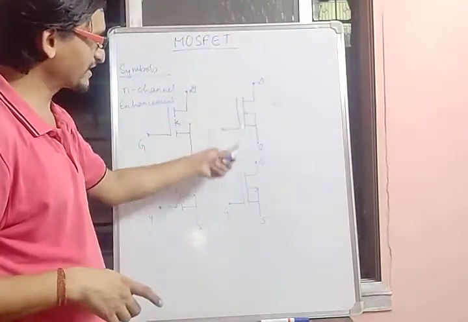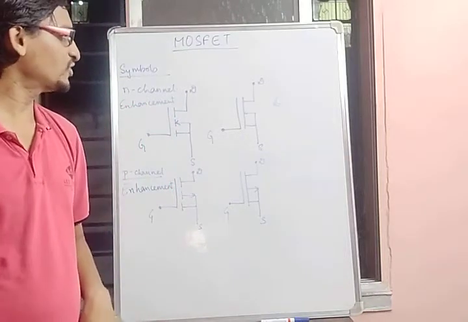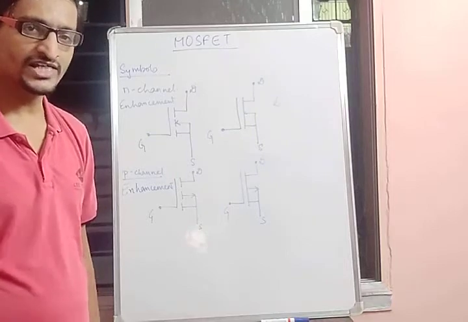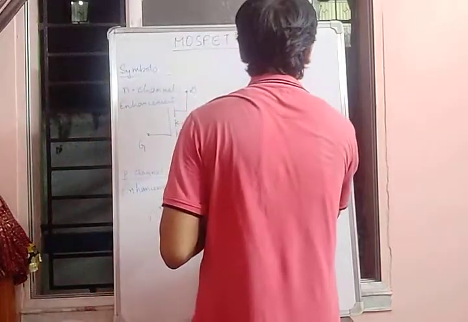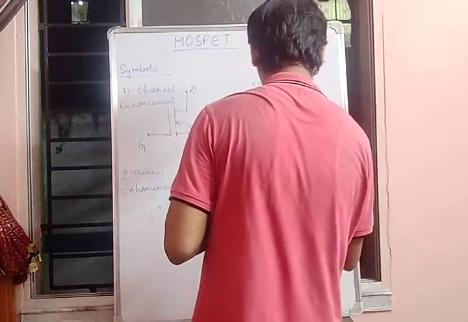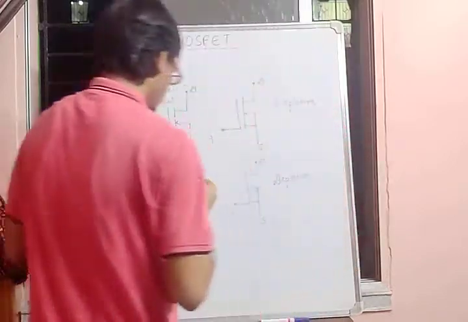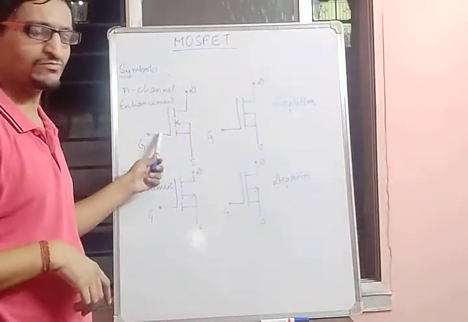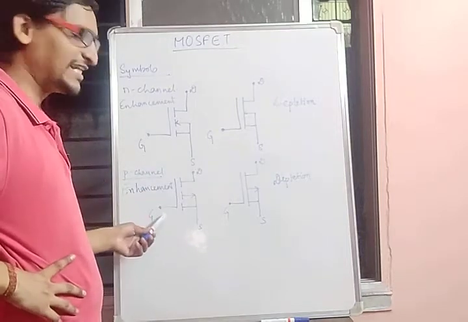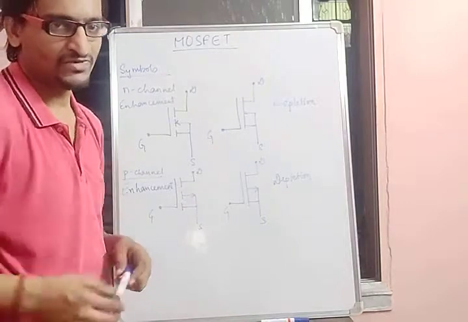Here you can see it's a solid line. This solid line represents that even though your gate to source voltage is 0, a current will be able to flow through the device. So for that reason, this is the depletion MOSFET. So this is the enhancement type N channel MOSFET, this is the depletion type N channel MOSFET, this is the enhancement type P channel MOSFET and this is the depletion type P channel MOSFET.